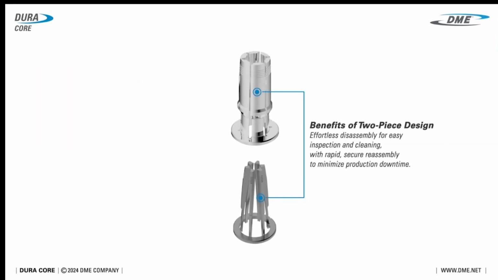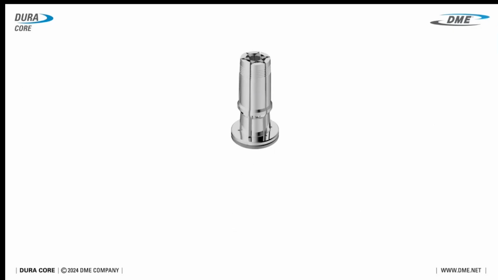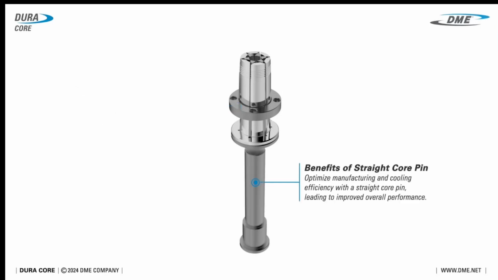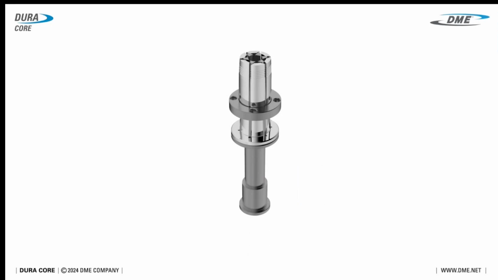Benefits of two-piece design, effortless disassembly for easy inspection and cleaning with rapid, secure reassembly to minimize production downtime. Enhanced safety achieved through a shorter safety ring mounted securely on a safe plate. Optimize manufacturing and cooling efficiency with a straight core pin, leading to improved overall performance.